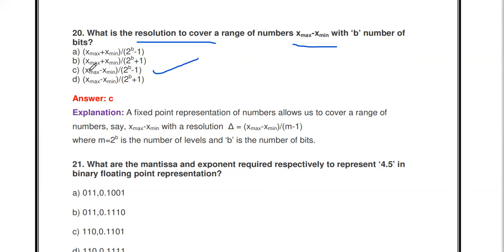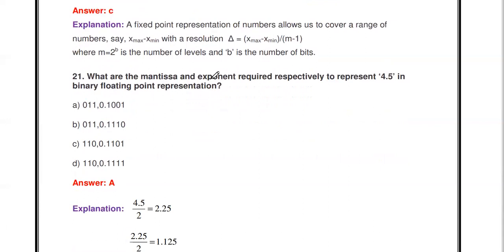If the signal x has maximum value x max and minimum value x min, and b is the number of bits, the resolution is x max minus x min divided by 2 to the power b minus 1.